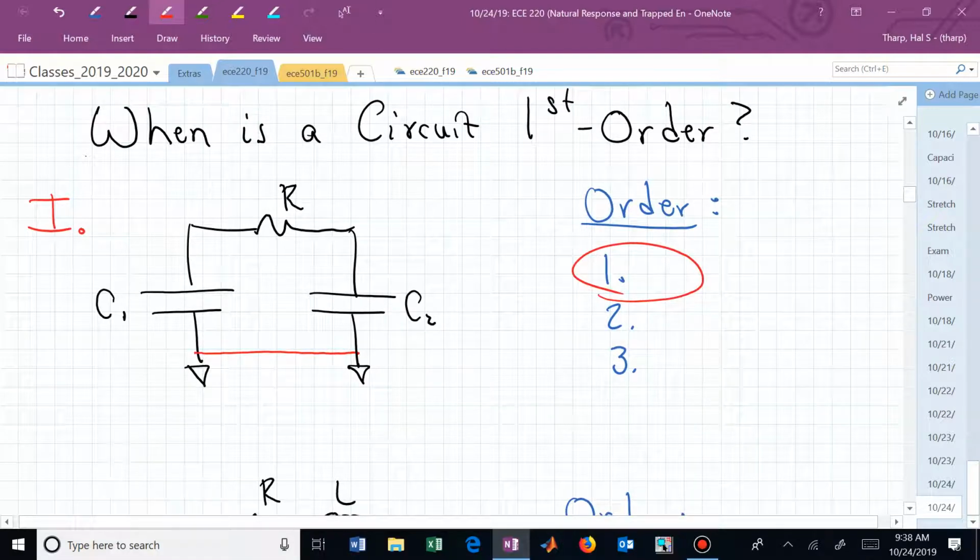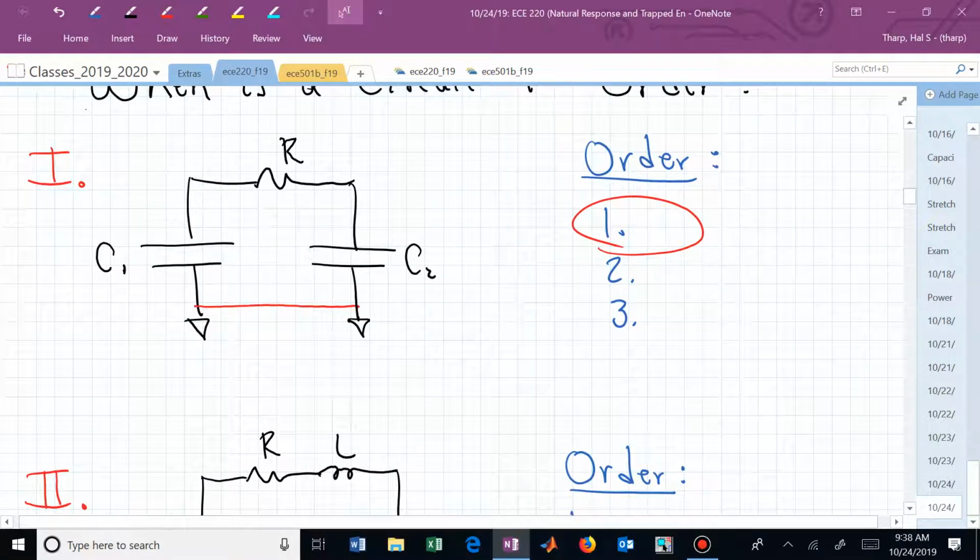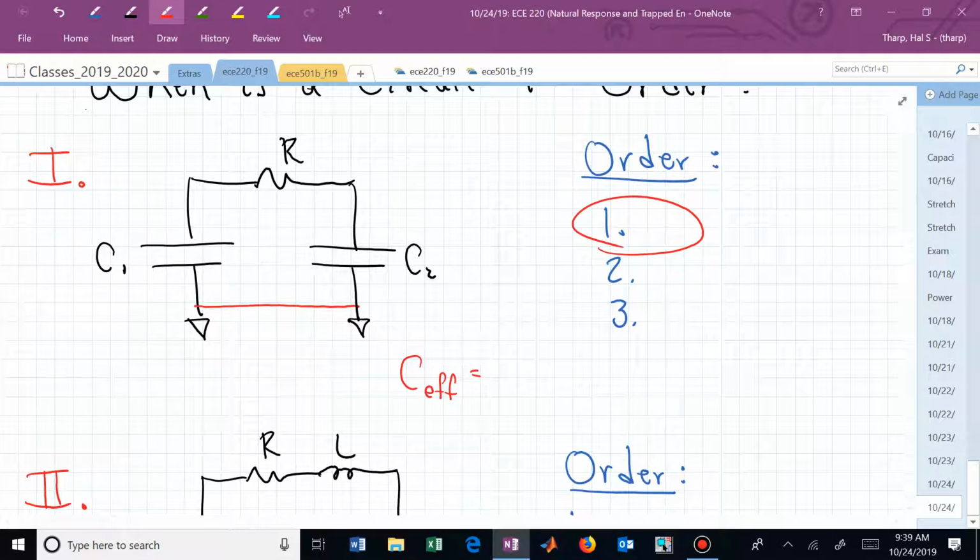So that's not a generic circuit. That's kind of a special circuit. Those capacitors can be combined into an equivalent capacitor. Now we could say, what is C equivalent or C effective? I may use it interchangeably. What's the effective capacitor that the resistor sees? It's this series combination of C sub 1 and C sub 2. And how do capacitors combine in series?